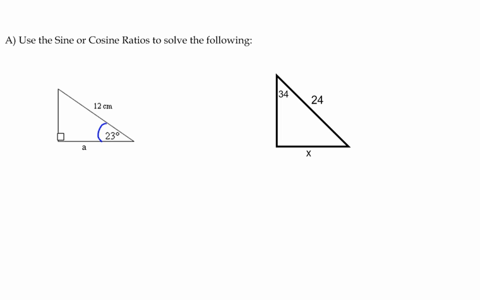So we always start with the given angle. And what are we going to do from there? Find out which thing to use. So label the side. So what is 12? Hypotenuse. And what is A? Adjacent. Conveniently, A is adjacent.